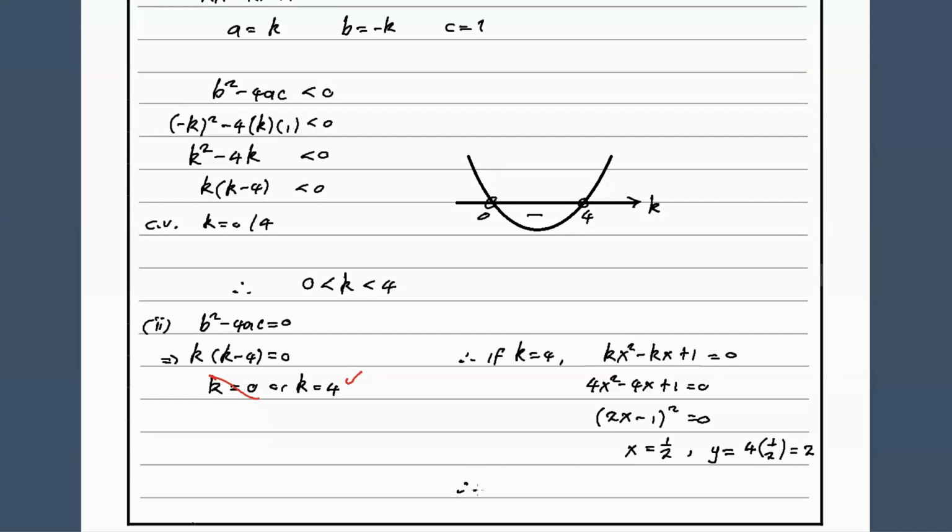So therefore, the point of intersection will be half and 2, and this here will be the answer. And that's how we do it.